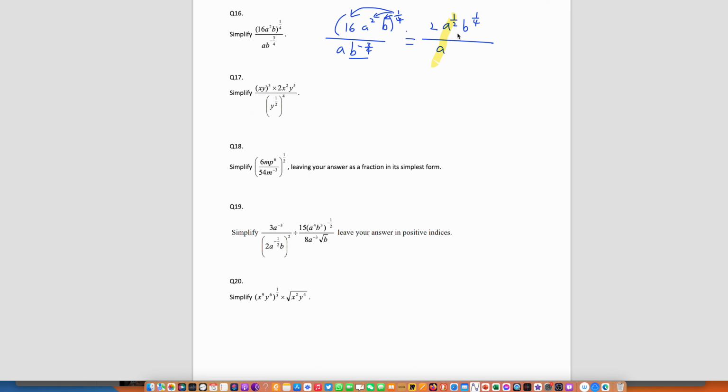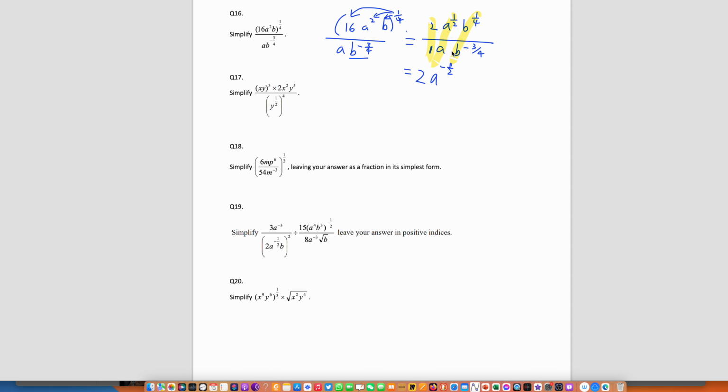So when you combine them, meaning A and A combine, B and B combine, then 2. There is nothing here, that means 2/1. So 2/1, what do you get? 2. A half and A is A negative half.